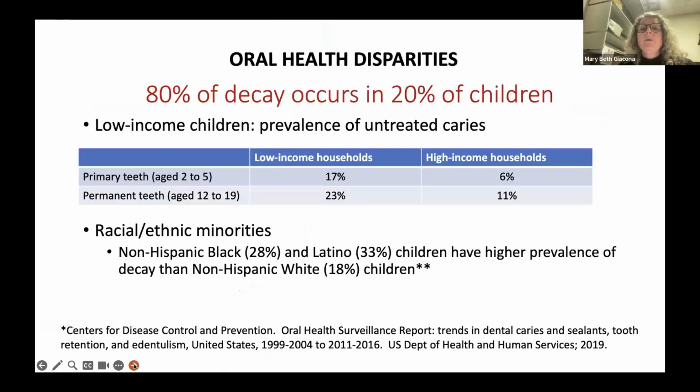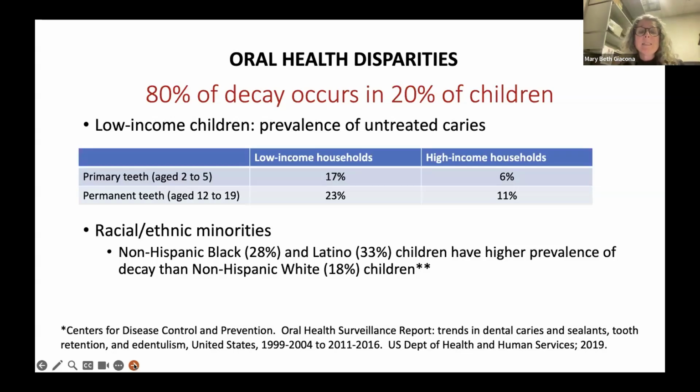And there are definitely oral health disparities. So we have a saying, and it's a saying, but it's based in truth, that 80% of tooth decay occurs in only 20% of children. And those 20% of children are primarily living in low income households. So I have here that the prevalence of tooth decay in young children aged 2 to 5 in low income households is almost 3 times higher than the prevalence in high income households.